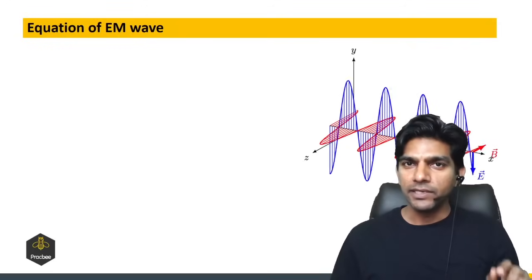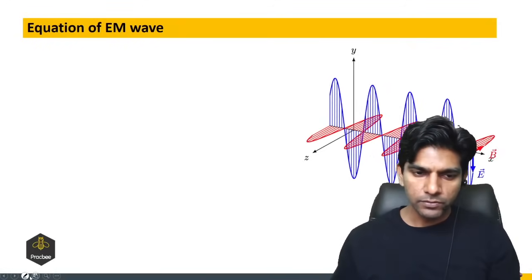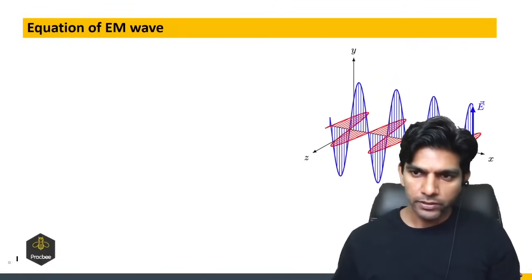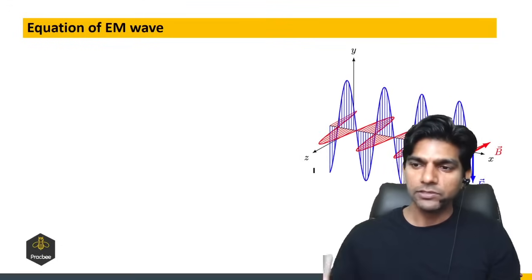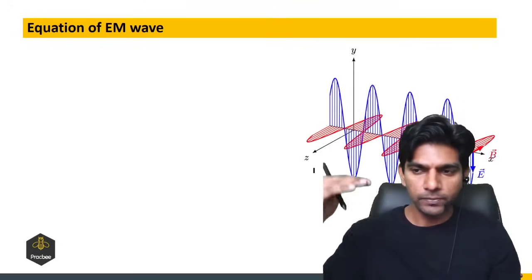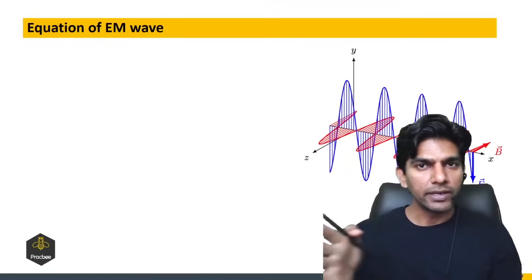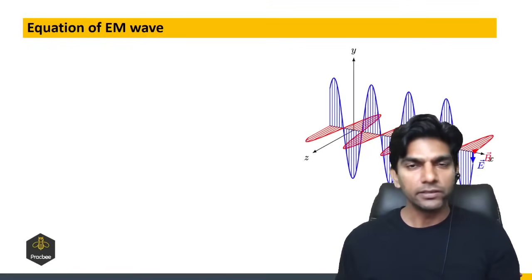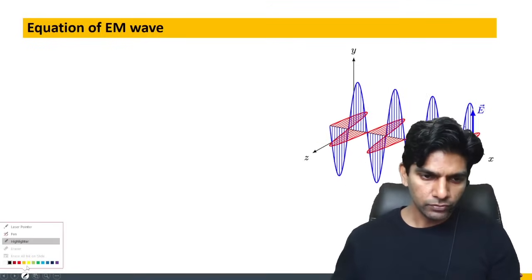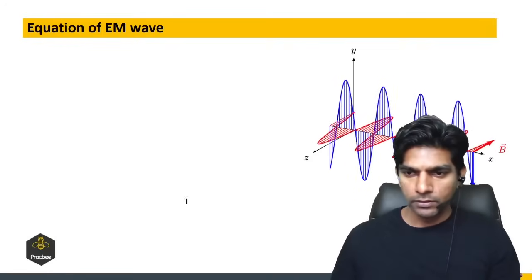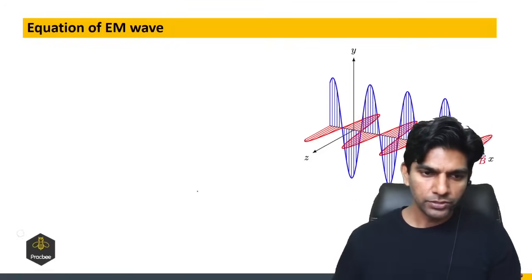Now let us see the equation of an electromagnetic wave. I have shown an animation where we can see the electric field is oscillating in the y direction and the magnetic field is oscillating in the z direction, and the electromagnetic wave is propagating in the x direction. So let me show you the direction of propagation.